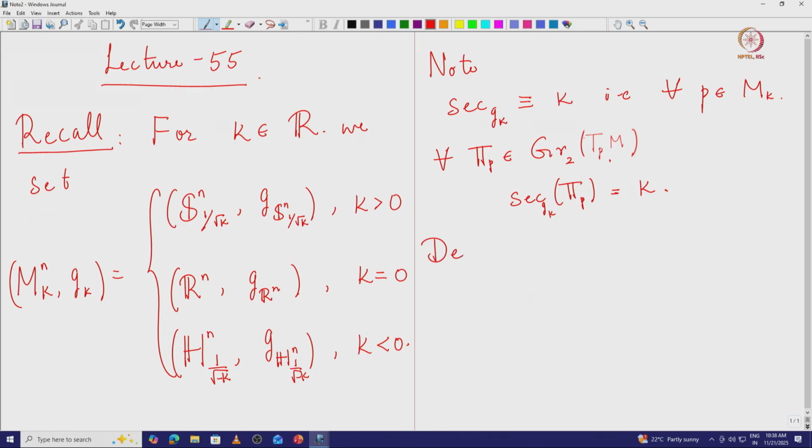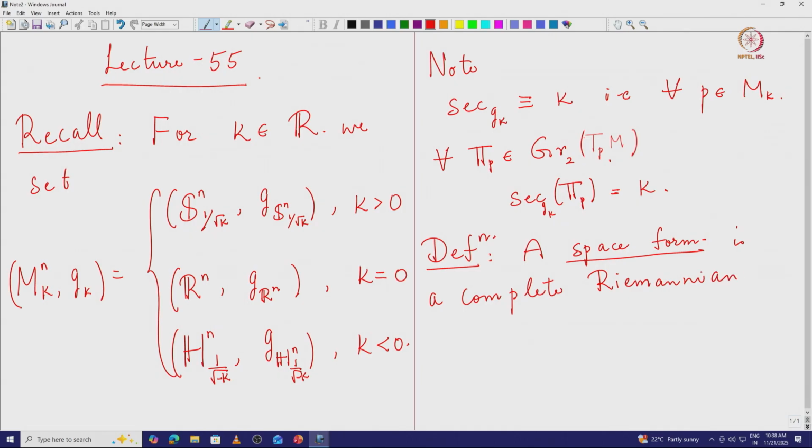So such manifolds are examples of what are called space forms. So that is my next definition. A space form is a complete Riemannian manifold whose sectional curvature is identically equal to kappa.